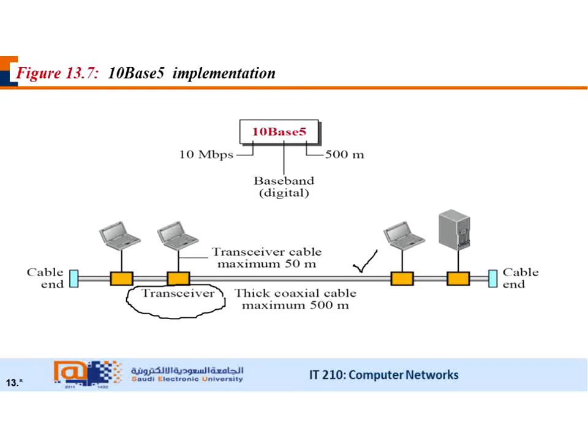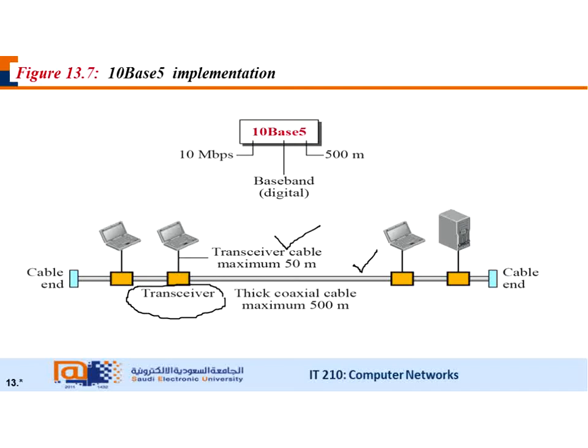This transceiver is connected to the station via a transceiver cable that provides a separate path for sending and receiving. This means that collision can only happen in the coaxial cable.